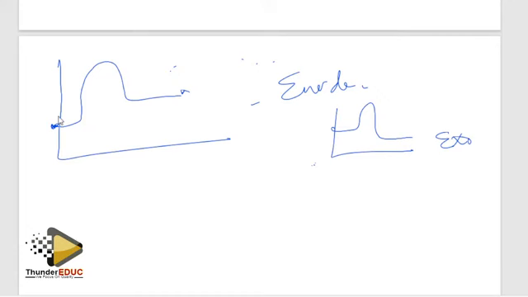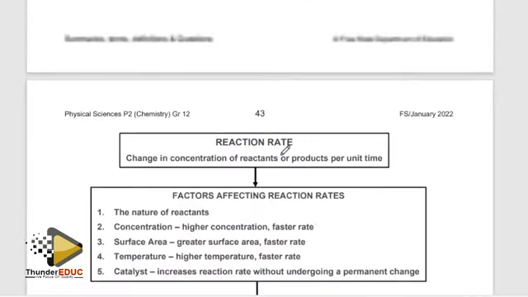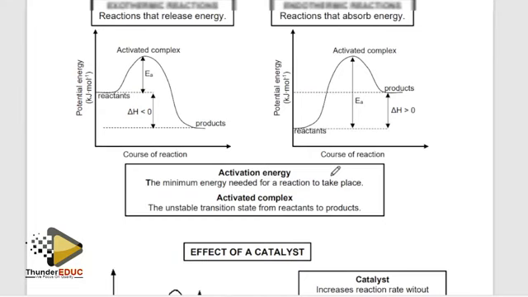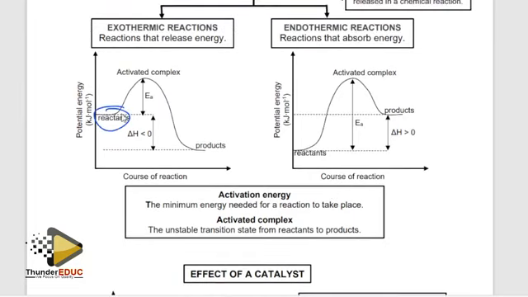Now, if this is A and this is B, if this is a reactant and this is the product, from top to bottom is exothermic, from bottom to top is endothermic. Yeah, they talked about it here. From here to here, how do we call that? This is the activation energy.